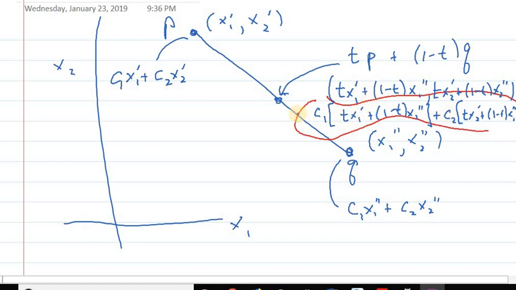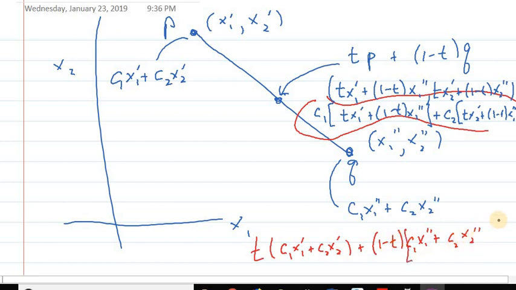If I factor out the terms with the T, there's C1 T x1 prime plus C2 T x2 prime, so that's T times C1 x1 prime plus C2 x2 prime. And then I have 1 minus T times C1 x1 double prime plus C2 x2 double prime.